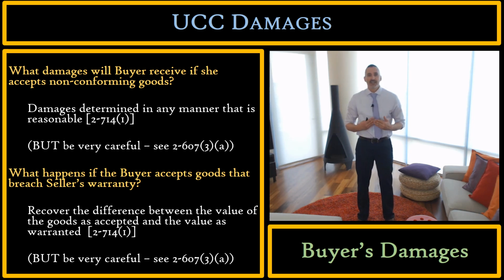If buyer accepts those non-conforming goods, before buyer can sue seller, buyer has to send notice to seller of the breach of contract. If buyer does not send that notice to seller and immediately goes to court to sue seller for the breach of warranty, the court will dismiss the lawsuit.